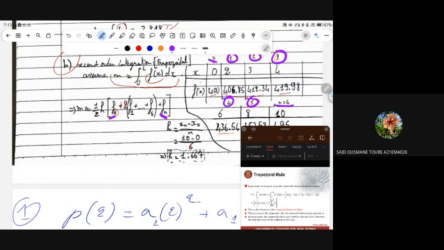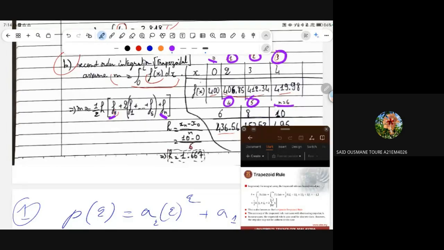Okay, so I put f of 0, then plus open a bracket, and between 0 and 6 I do multiplication of the values, then close the bracket and plus the final value. When you say multiplication of the values, you multiply the values by 2.